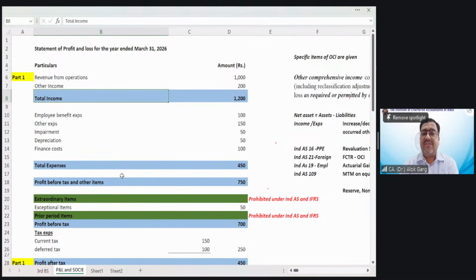You remember we discussed that? हमने डिस्कस किया था ना, in IFRS the nature-based and function-based classification both are allowed, but in Ind AS only nature-based classification is allowed. Okay, so this classification is a nature-based classification.